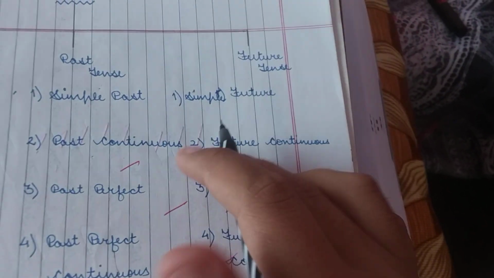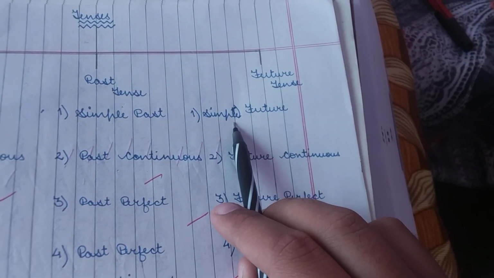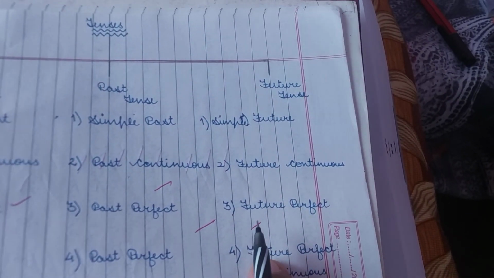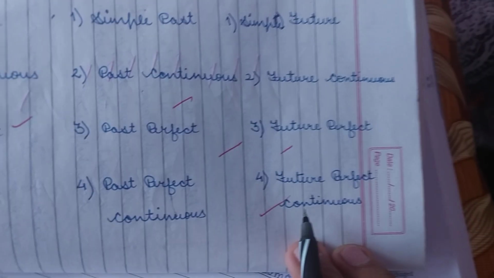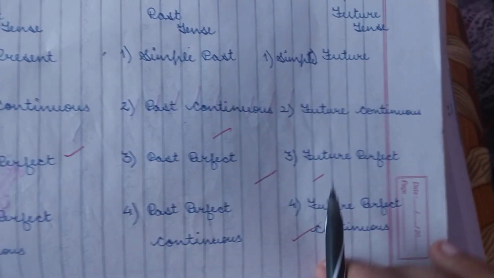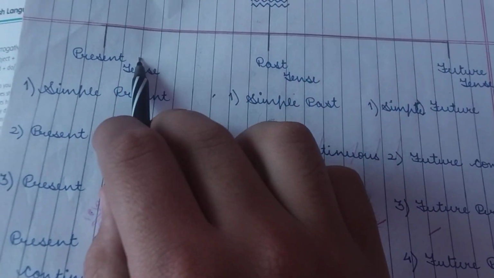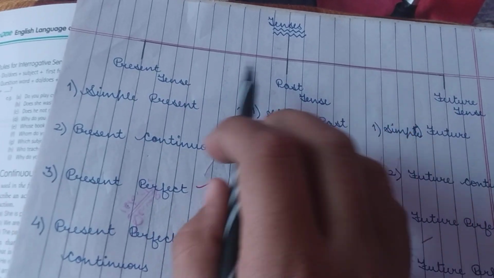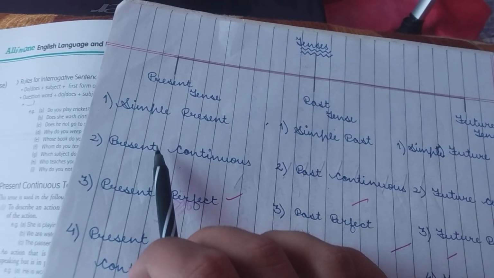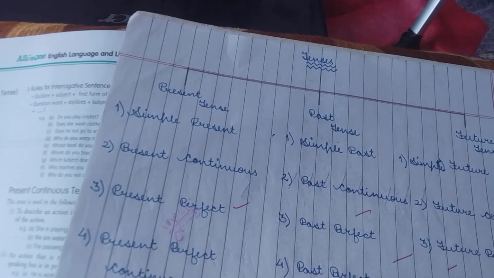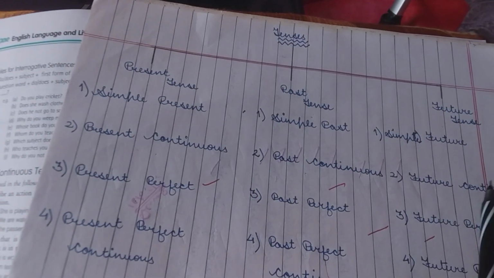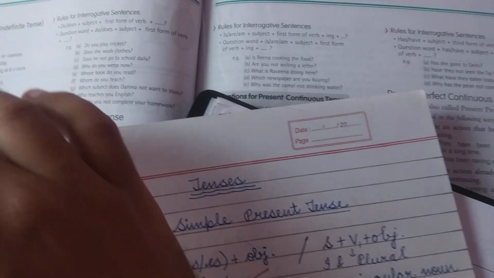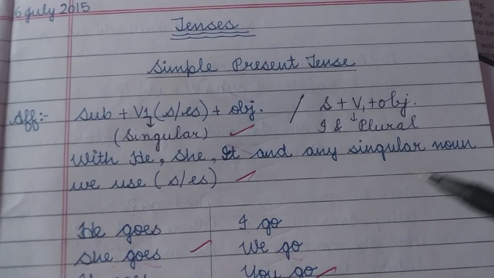Same way I go with future tense: simple future, future continuous, future perfect, future perfect continuous. Okay, so these are four types of each main tense. There are three main tenses: present, past and future. Each has four types. Total 12 parts. Fine. We will study each and every part in detail one by one.